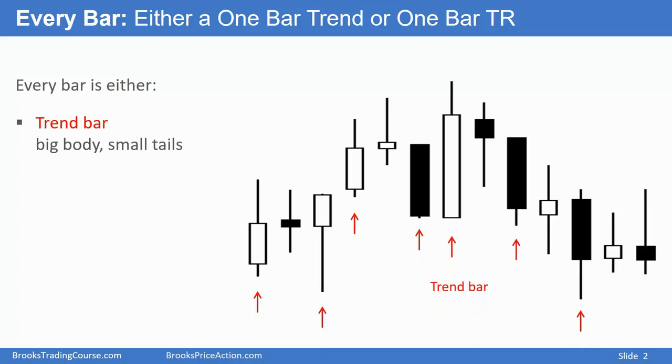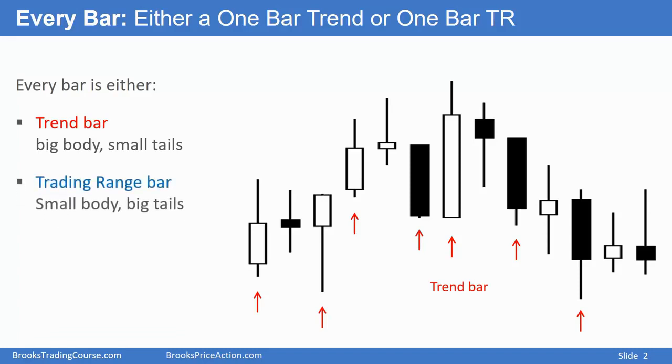Here are examples of trend bars. And the only other kind of bar that I see on a chart is a trading range bar, a bar in which the bulls and bears were about equal. They have smaller bodies that are typically less than half of the size of the entire bar. Sometimes a trading range bar can be a very big bar, as long as the body is relatively small compared to the height of the entire bar.